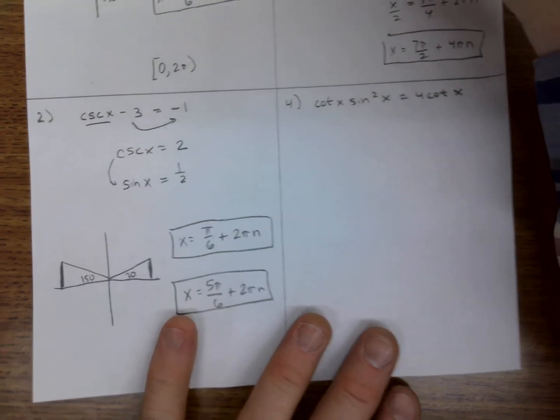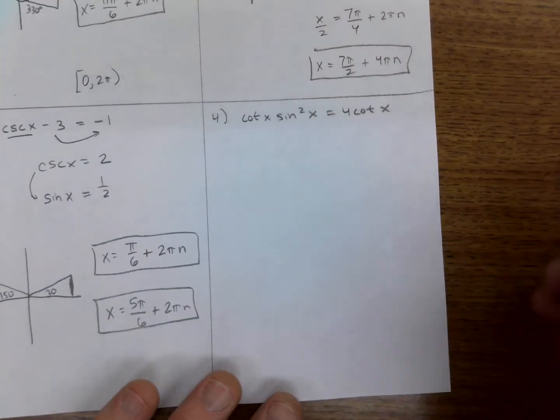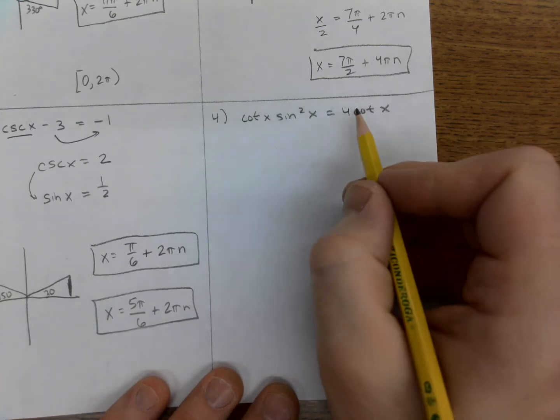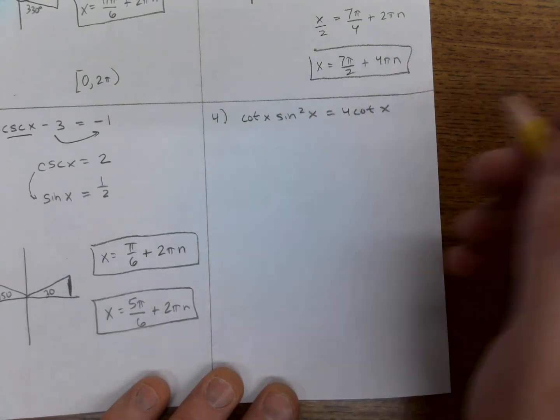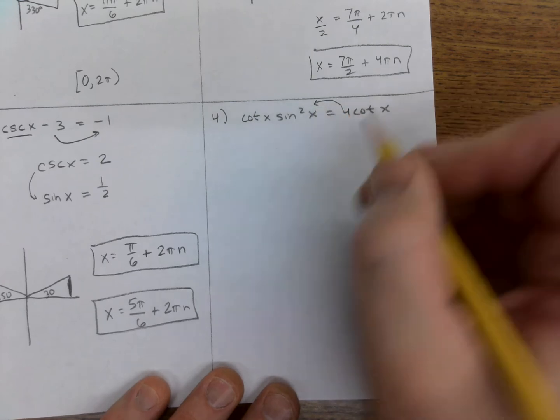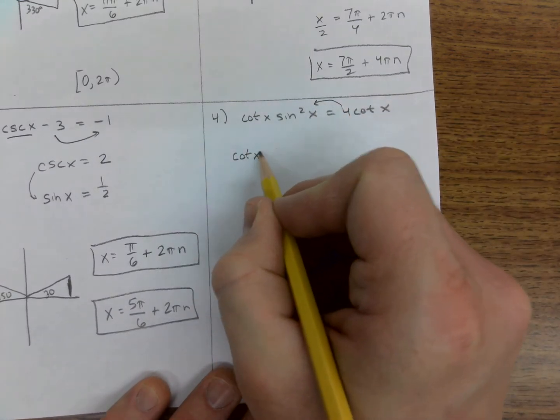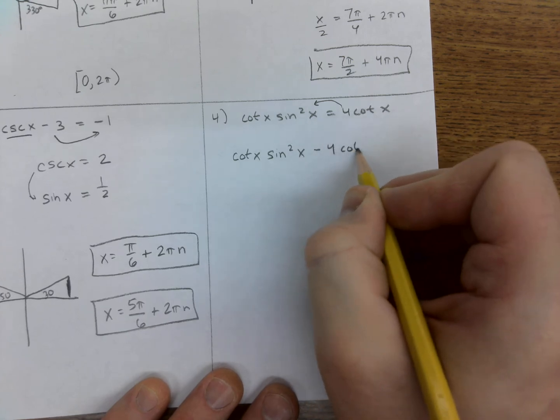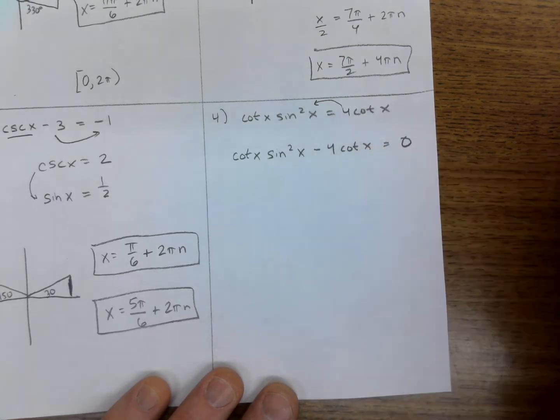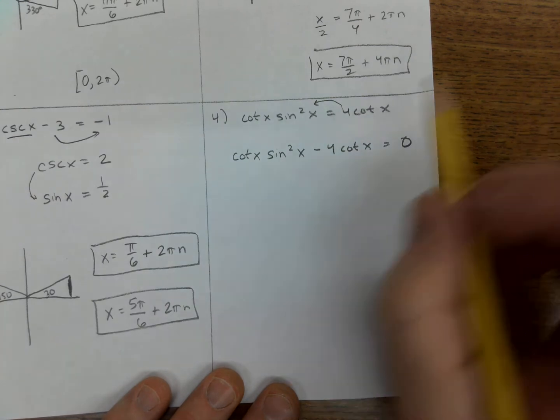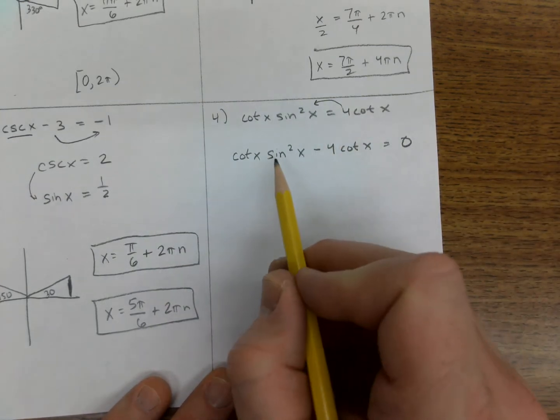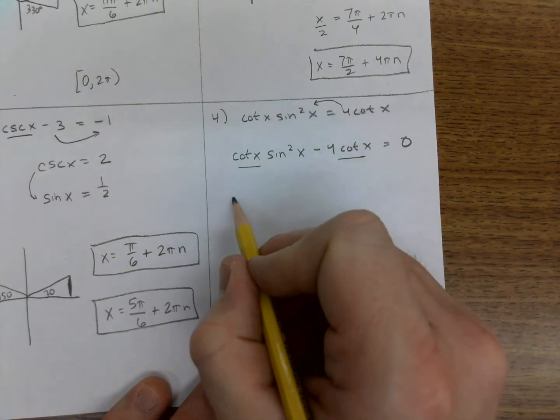All right, last problem, number 4 here. We have a lot going on here, and one of our best strategies is to always get all of the trig functions on one side. So let me subtract this over here. I have cotangent of x sine squared of x minus 4 cotangent of x is equal to 0. Well, I can't use the zero product property here yet because this is a subtraction, but I could factor out the cotangent.